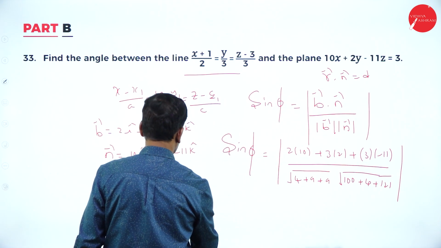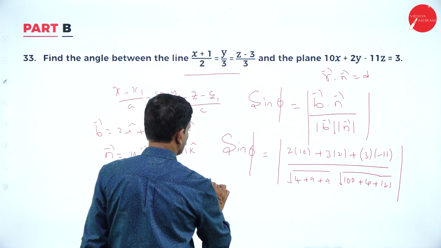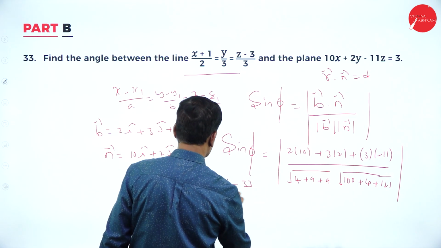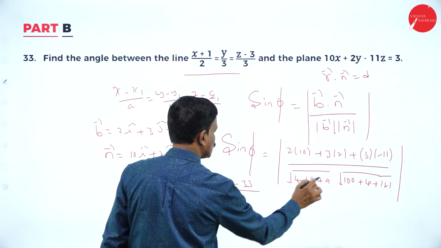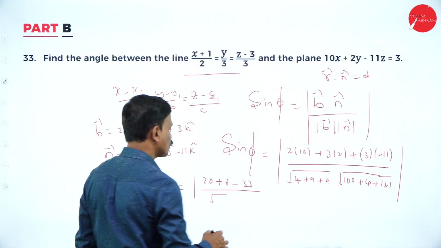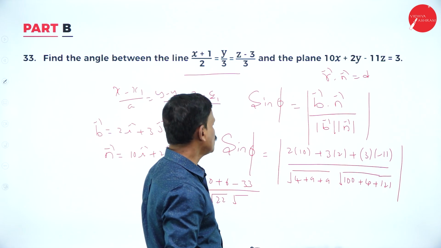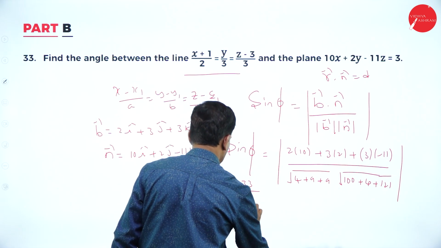Simplify this. That's equal to 2 tens are 20 plus 3 twos are 6 minus 11 threes are 33, divided by 9 plus 9, 18, 18 plus 4 is 22, into root of 121, 221 plus 4 is 225.